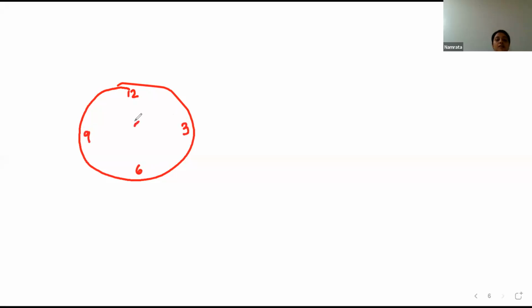Okay, so the length of minute hand, suppose this is how the time shows. The length of minute hand of a clock is 14 centimeter.